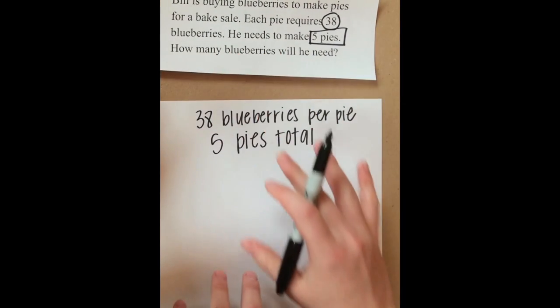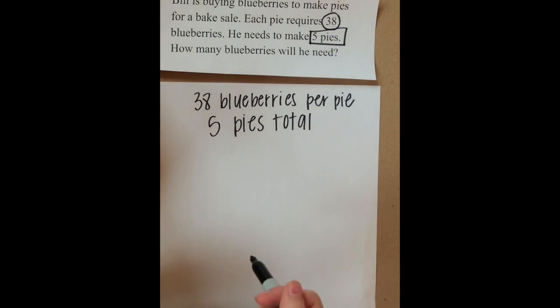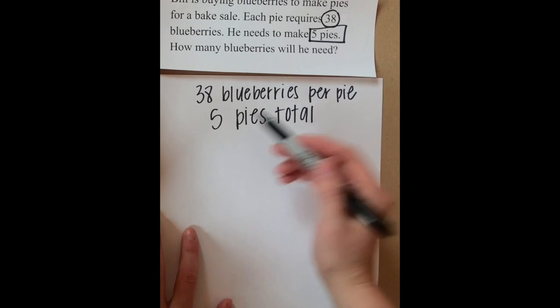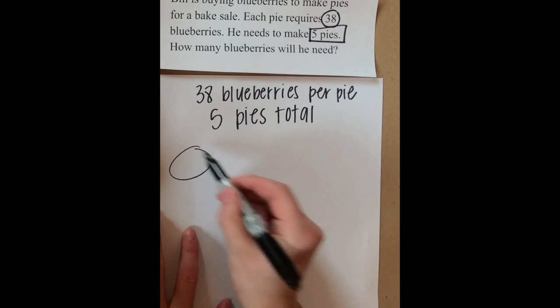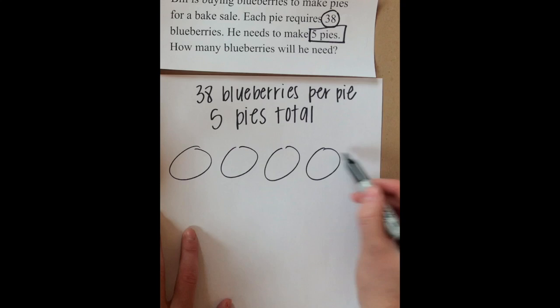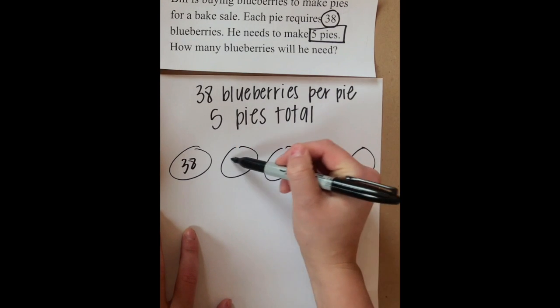So this will help us determine what we need to do to figure out our total amount of blueberries needed to make 5 pies. So we know that we need to make 5 pies. And in each pie, there needs to be 38 blueberries.